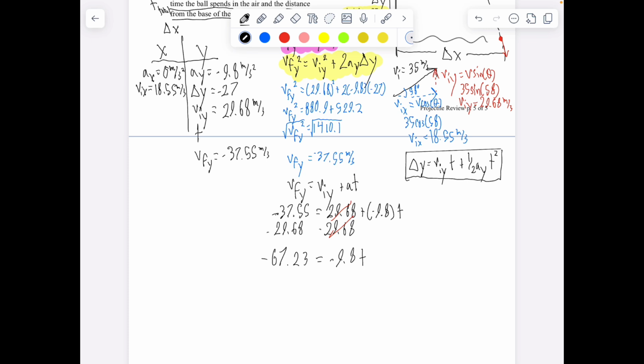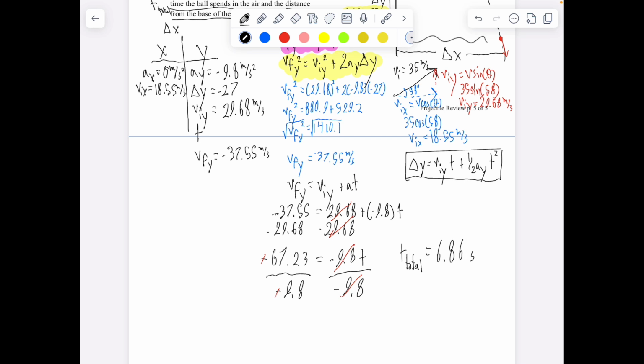And now we just have to divide both sides by that negative 9.8. It cancels on our right-hand side. And since our negatives are going to cancel as well, on our left-hand side, 67.23 divided by 9.8 gives us our time, and this is our total time, of 6.86 seconds.